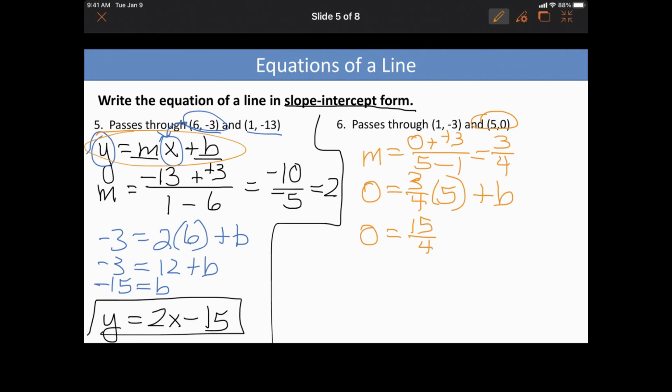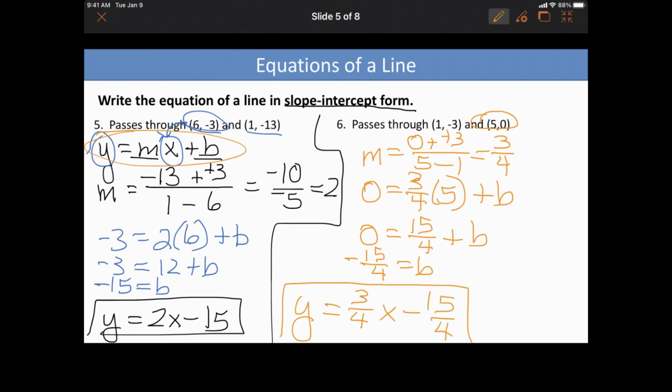All right, we can deal with fractions. We can do this. Everything isn't always going to be nice, pretty integers. And there you are. So y equals, we have our slope, 3/4. Now, if you change it to a mixed number, that's fine.